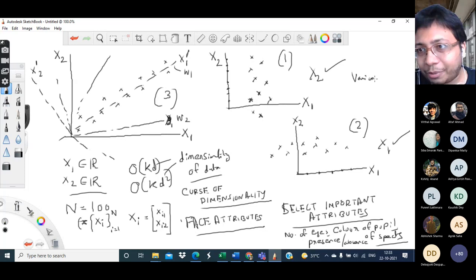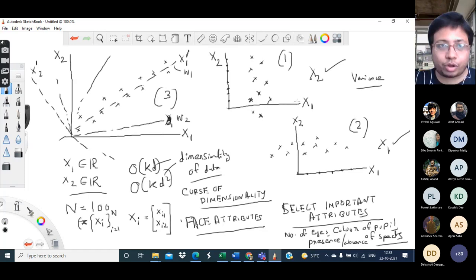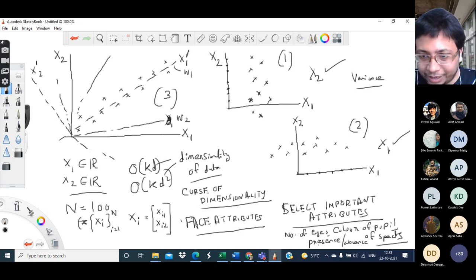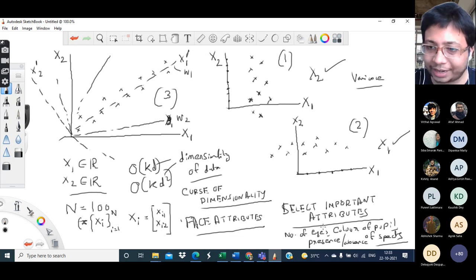What I really want to do is choose that dimension along which the variance is high, and I do not want those dimensions along which the variance is low. So in this case, if the feature is constant, then it has no variation, so it's useless. In this case also the variation is very low, so we can say it has low variance, while in this case it has got high variance.